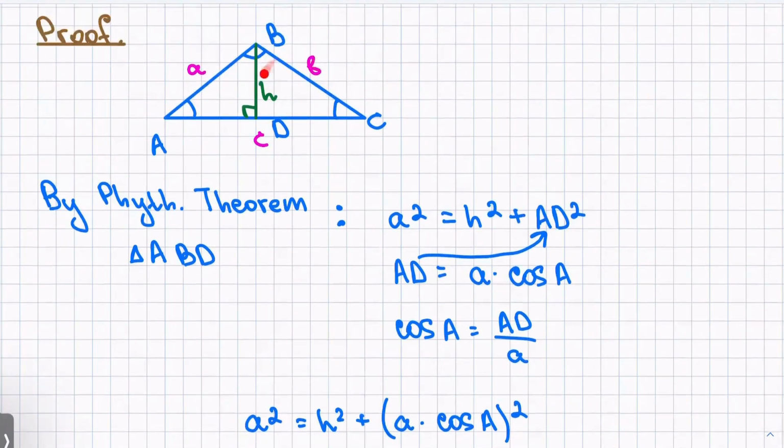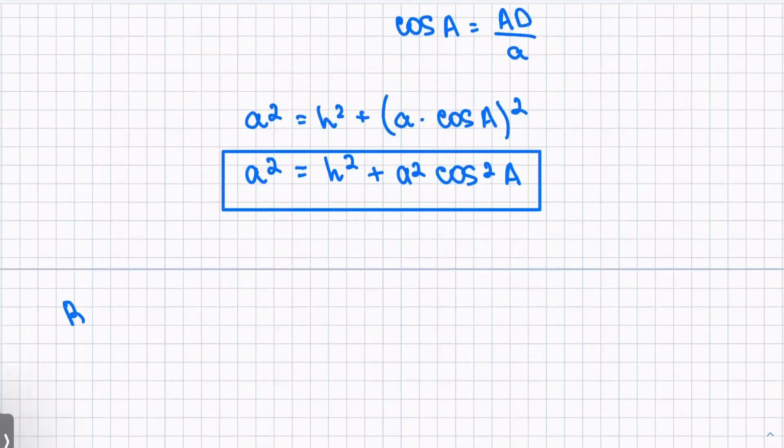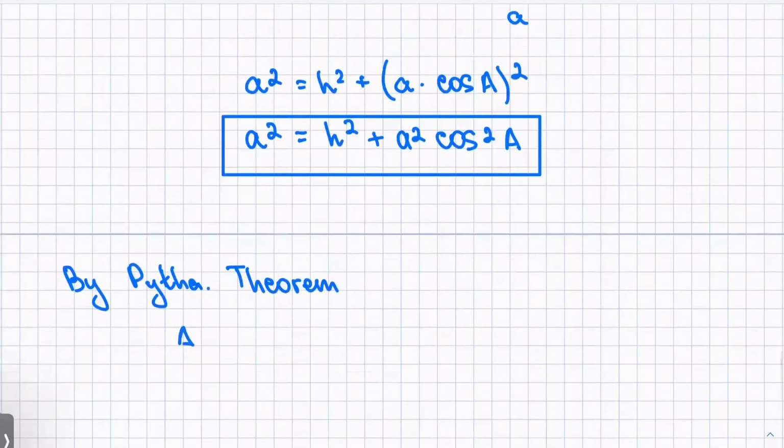Similarly, dear students, we will consider this right triangle and apply the Pythagorean theorem to it. So by the Pythagorean theorem, but now for the triangle BCD, we will get the following.